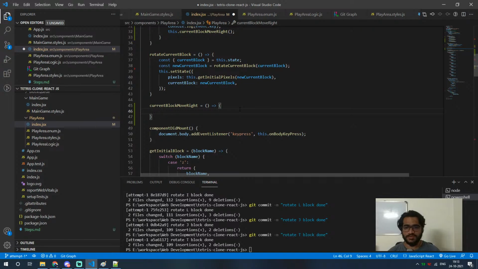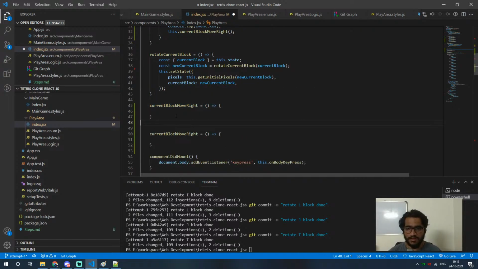Okay, so moving right and moving left, we should work on them right now.